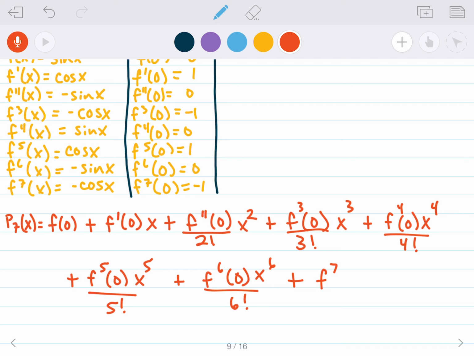So f7 of 0, x to the 7 over 7 factorial.